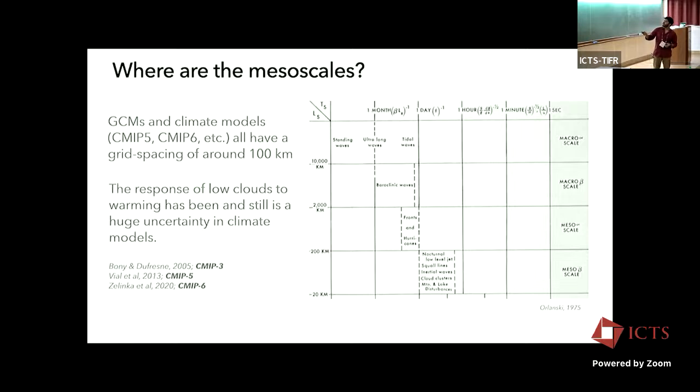Here you have spatial scales, and here you have temporal scales, and we fall somewhere in this meso-beta scale. So 20 to 200, you have many different processes that they mention, like low-level jets, squall lines, inertial waves, cloud clusters, and orographic disturbances. But these are not represented within this 100-kilometer grid spacing that we have.